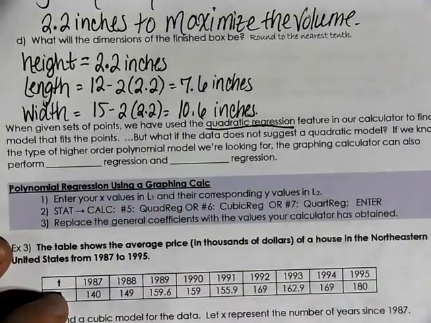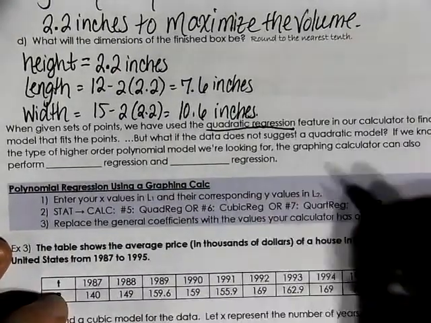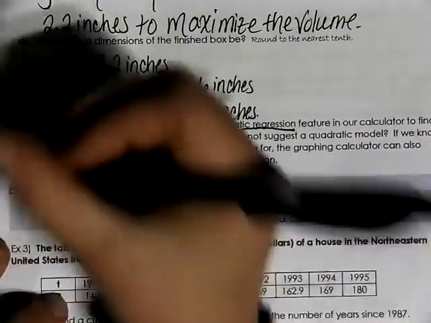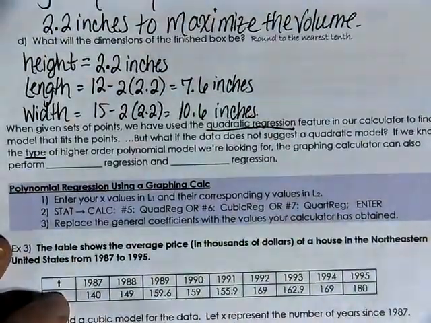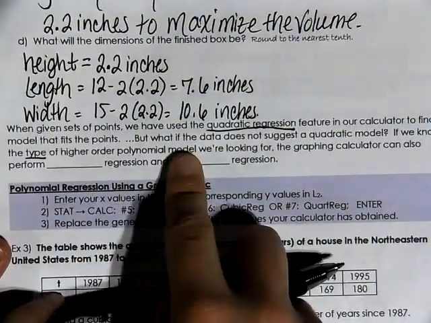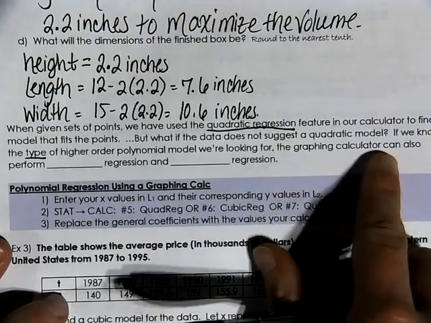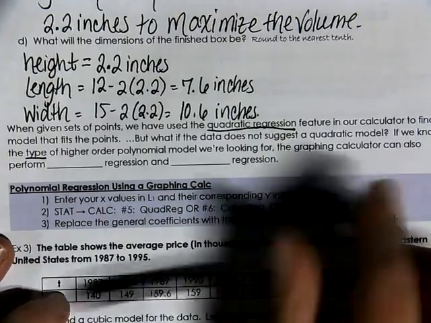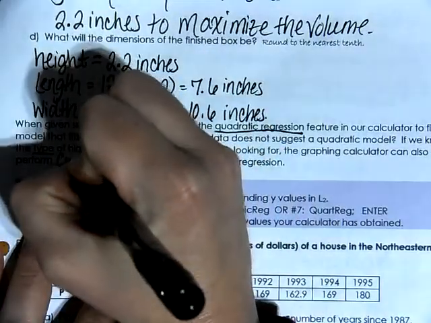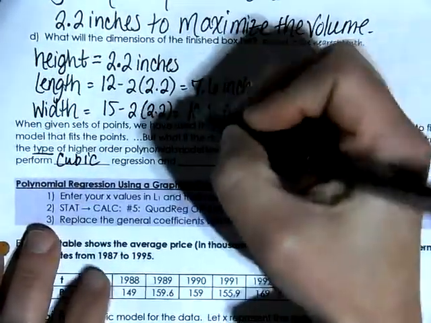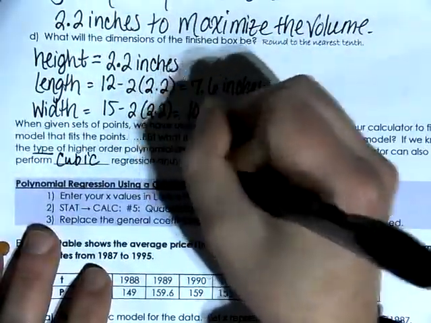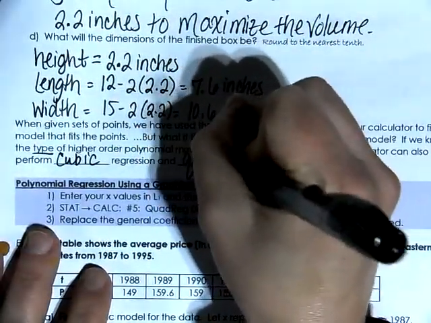But what if the data doesn't suggest a quadratic model? If we know the type, meaning if it's cubic, quartic, quintic, etc., of higher order polynomial model we are looking for, the graphing calculator can also perform those types of regressions. It can perform a cubic regression, and it can also perform a quartic regression.